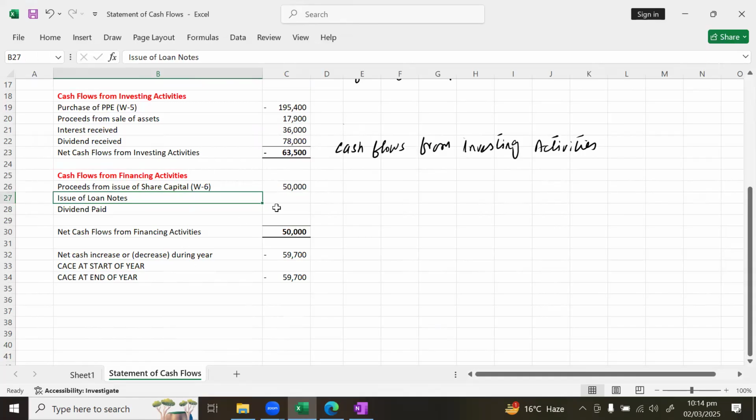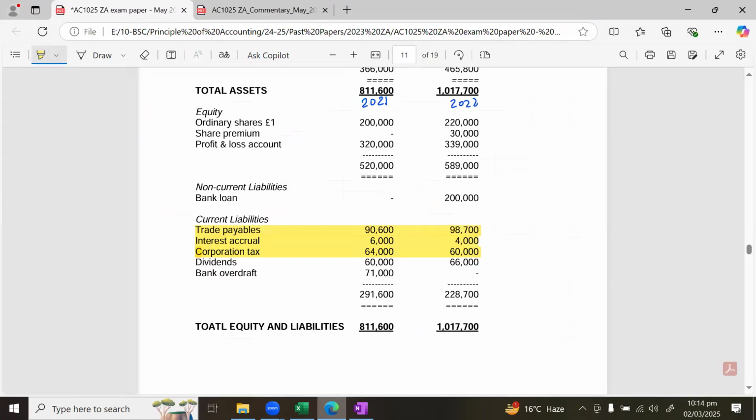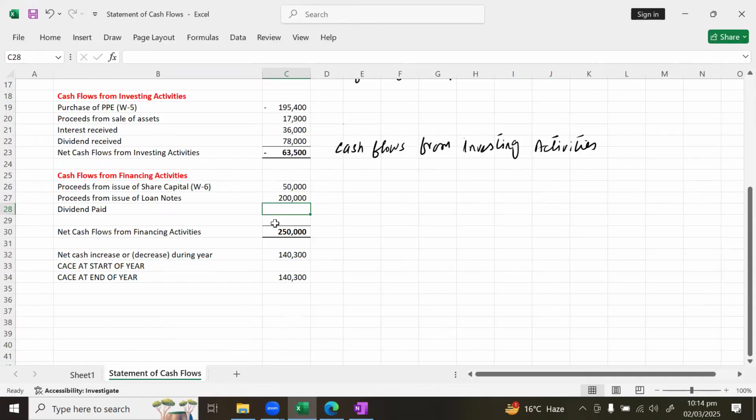So proceeds from issue of loan notes are 200,000 and dividends paid are current year. So last year 60,000 dividends will be payable in this year. So dividends will be 60,000.